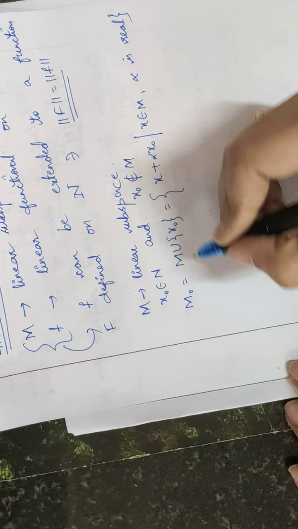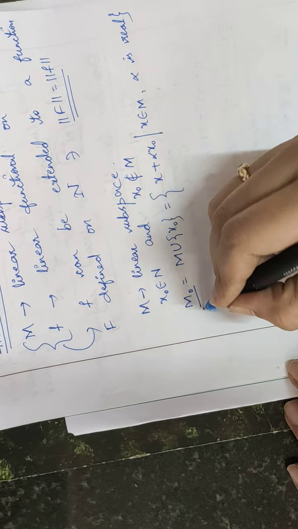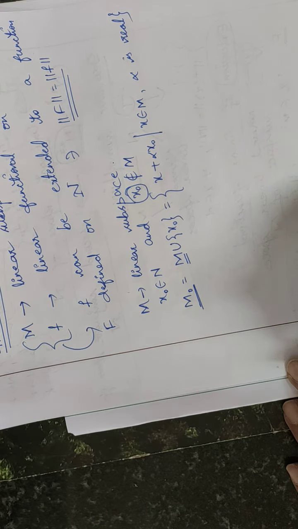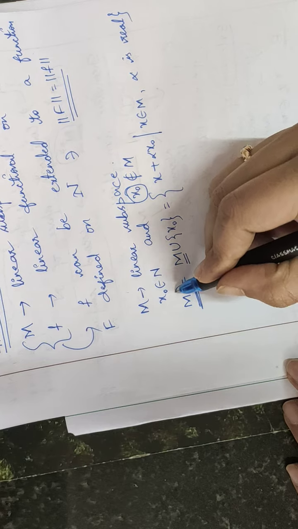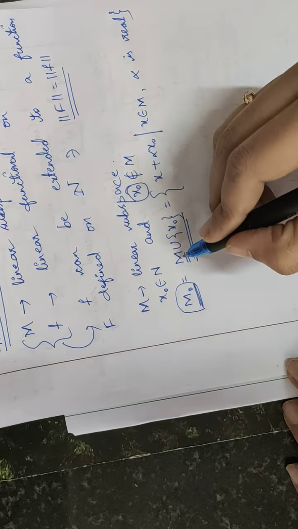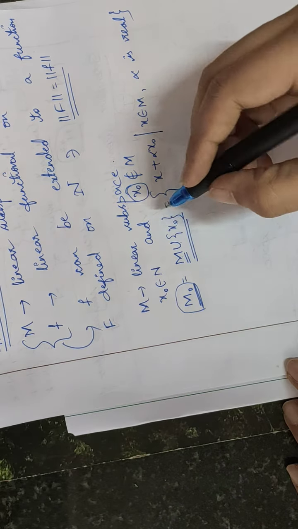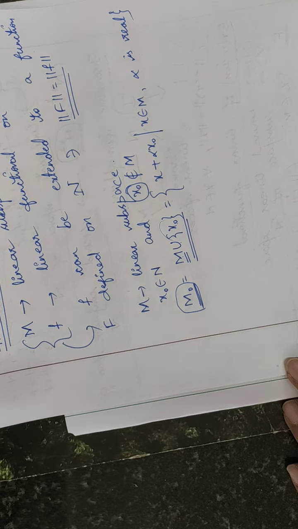Here you can observe M0 contains the point x0, but M does not contain x0. That's why, in order to denote M0, we have written M union x0. That means this M0 space includes the point x0.